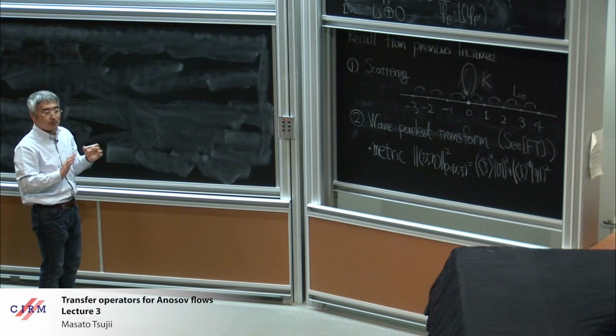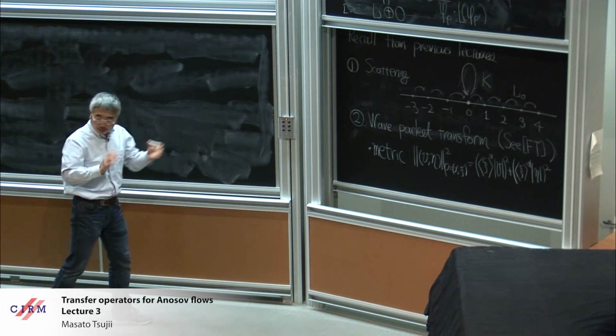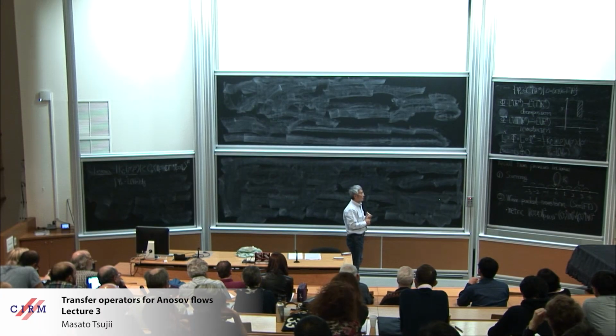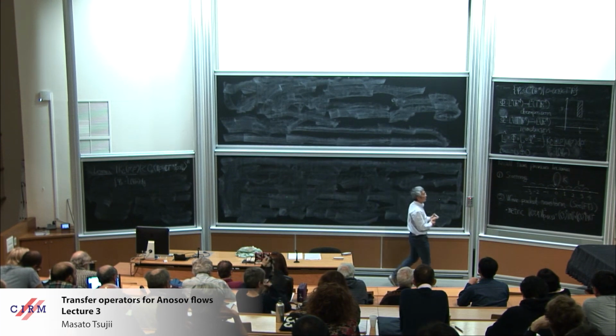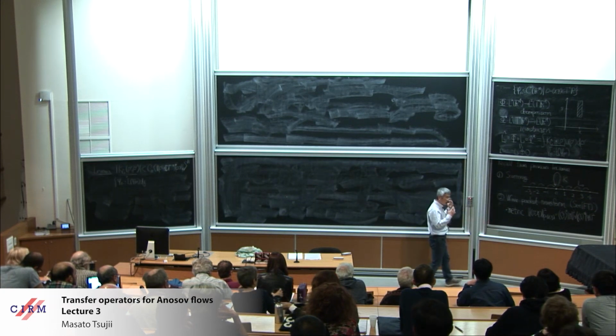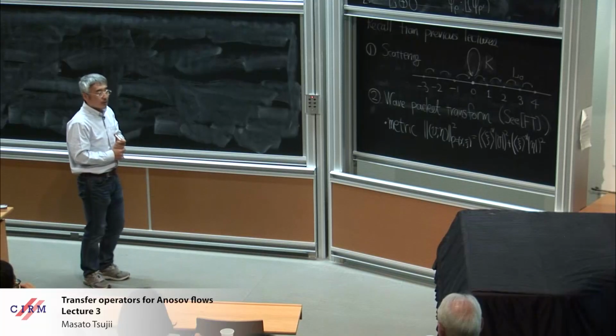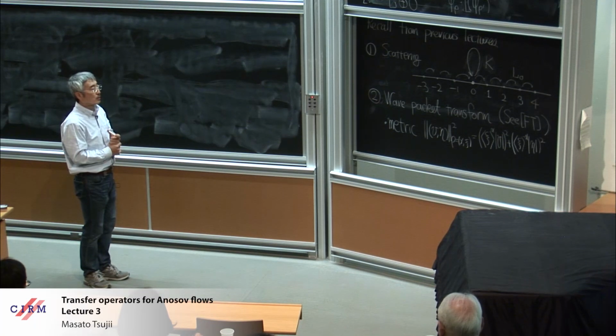It is not very popular because, as we saw yesterday, setting up wave packets and the arguments is not easy. But the good point for this wave packet transform is that once we set up the language, everything looks very clear and maybe quite geometric.